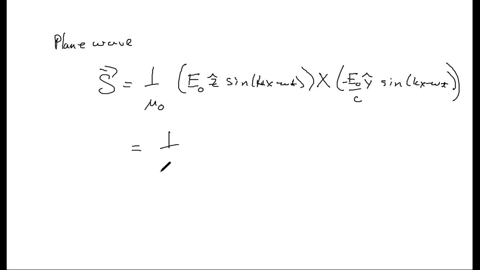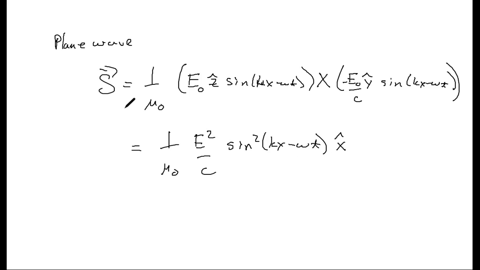So we end up with 1 over mu naught times E naught squared over c, sine squared of (kx minus omega t). Z hat cross y hat gives you x hat, and the minus sign goes away.